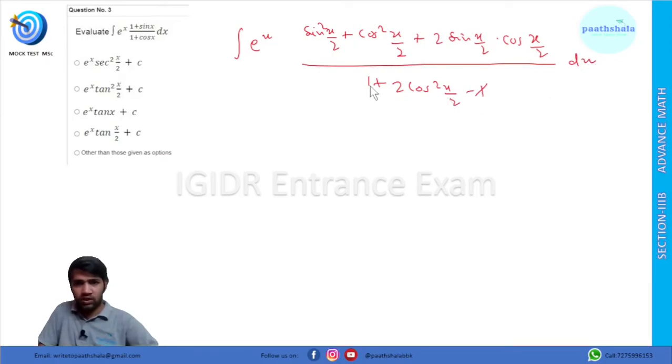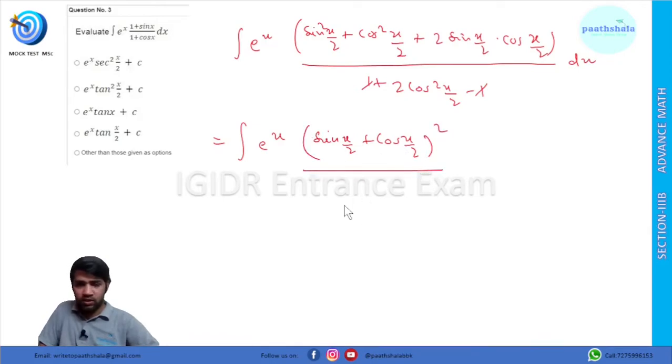So 1 and 1 get cancelled out and this numerator part will become integral e to the power x, sin x by 2 plus cos x by 2 whole square divided by 2 cos square x by 2 dx.